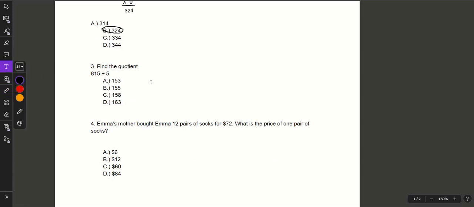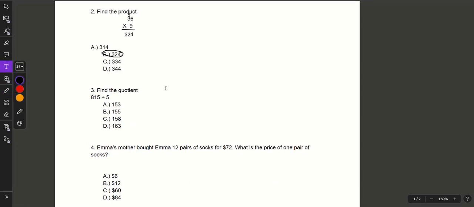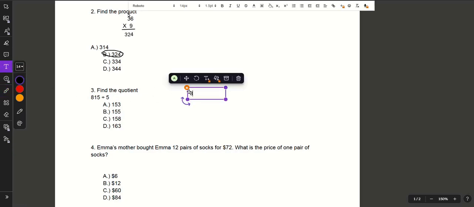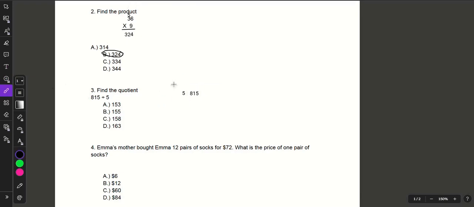And then the next problem, number 3, is find the quotient. So we have to divide 815 by 5 to get the quotient. So we're gonna divide it like this. So we have to divide 8 first by 5.